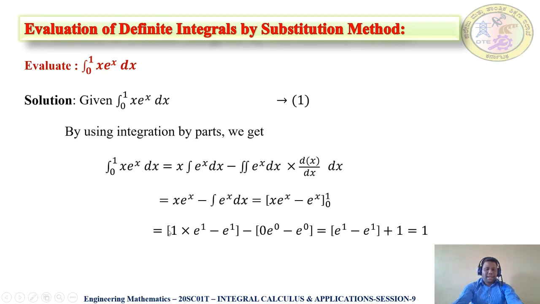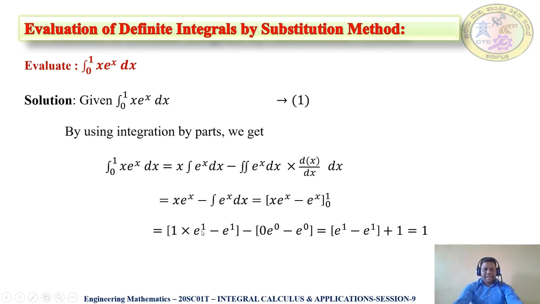So first apply the upper limit: in place of x, 1 into e power 1 minus e power 1. Then minus the lower limit: 0 into e power 0 minus e power 0.